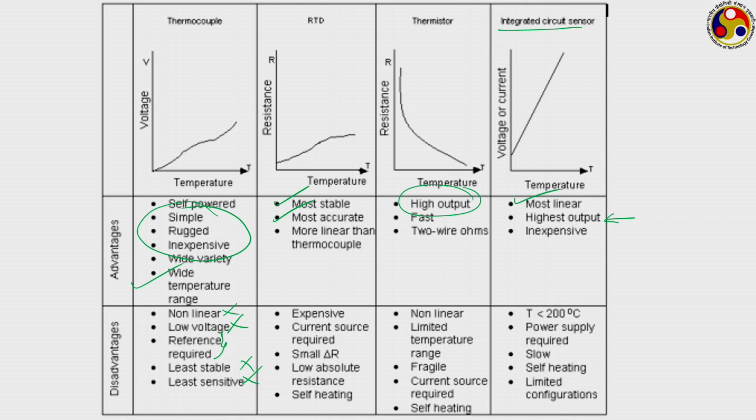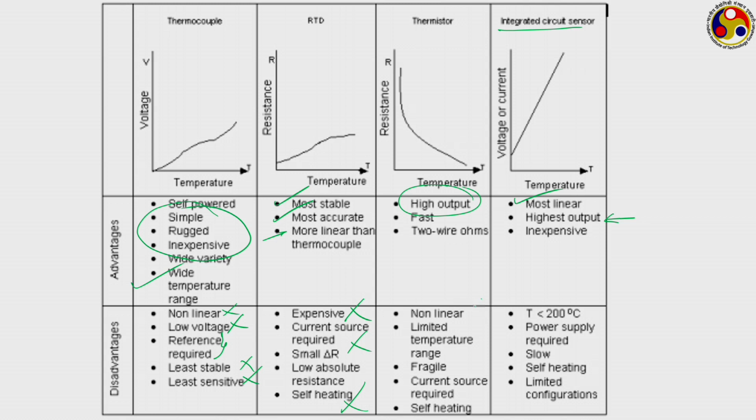RTDs also can give a very wide range of operation, and their output is much more linear compared to thermocouples and also compared to thermistors, but their problem is they are expensive. We need a current source, and the self-heating problem, the I square R loss, can be significant, and the lead wire loss also can be quite significant with RTDs.